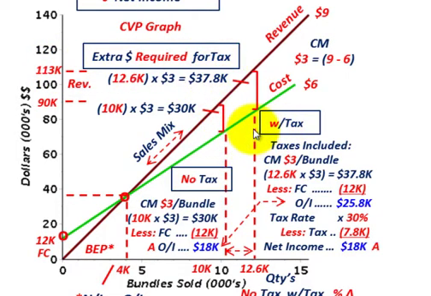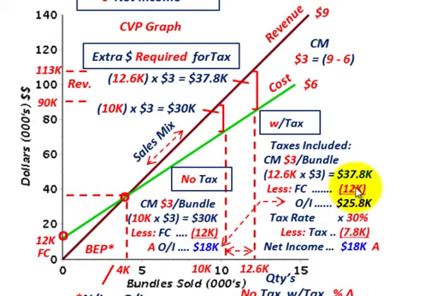So now let's look at with the tax versus no tax, as far as how we calculate those operating incomes versus our net income. Looking at with our taxes, this is where those taxes have to be included. Again, we have that contribution of $3 per bundle times 12,600 bundles, that's the groups of A and B, which gives us $37,800, less our fixed cost of $12,000.